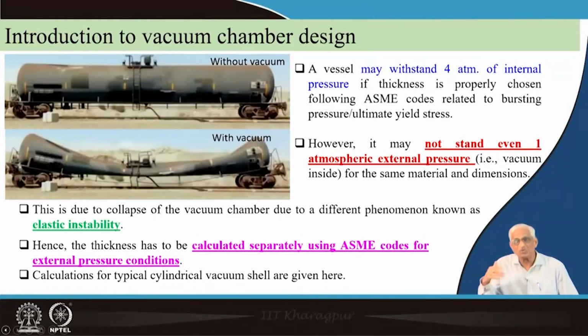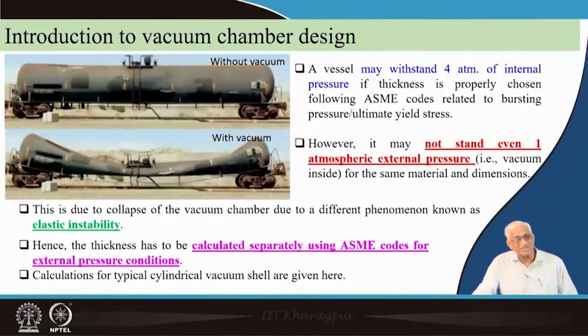That means under vacuum, outside 1 atmosphere, inside it can be considered as 0, because 1 is not the same as 0 with respect to mechanical force considerations. Even then it may collapse, and that's what you are seeing in this figure. This is a reality where a very long metallic chamber, without vacuum, was connected to a vacuum, and as soon as the vacuum level went to 1 torr or 10 torr, immediately the entire chamber collapsed because the thickness was not properly designed.